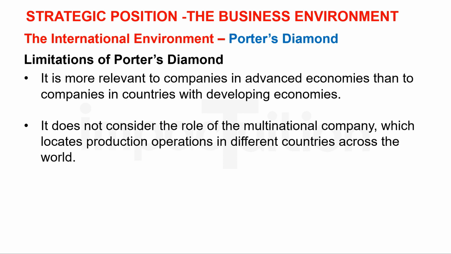To do this, you would need to consider the four factors in the diamond together with the influence of government actions. When discussing government actions, it is important to talk about the effects the government actions will have on the four elements in the diamond.